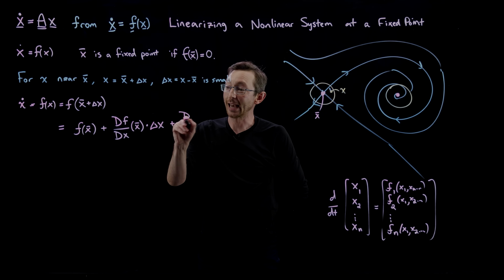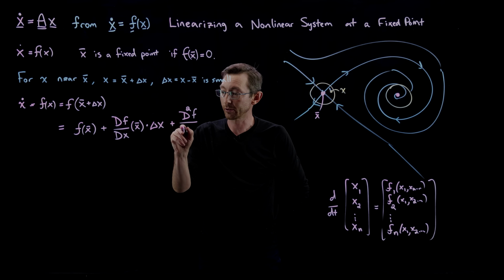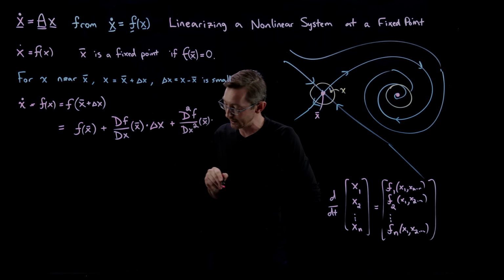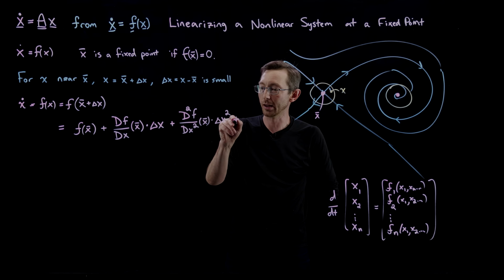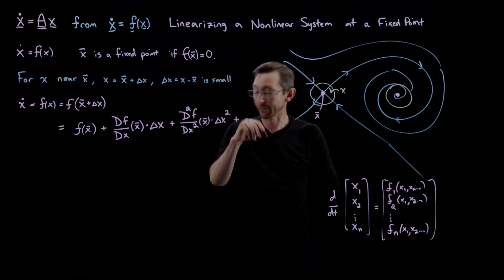plus the second Jacobian derivative, the second matrix derivative of f with respect to x squared, evaluated at x bar, again dotted with delta x squared, plus cubic, quartic, and so on, forever and ever.